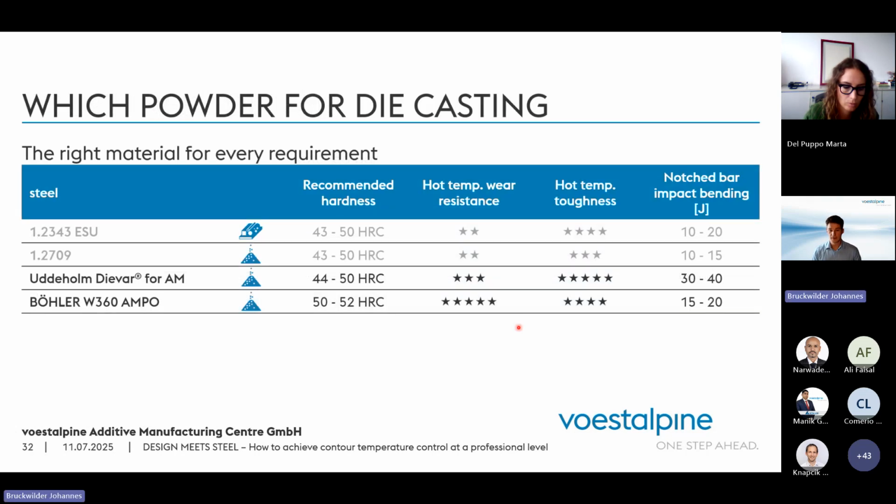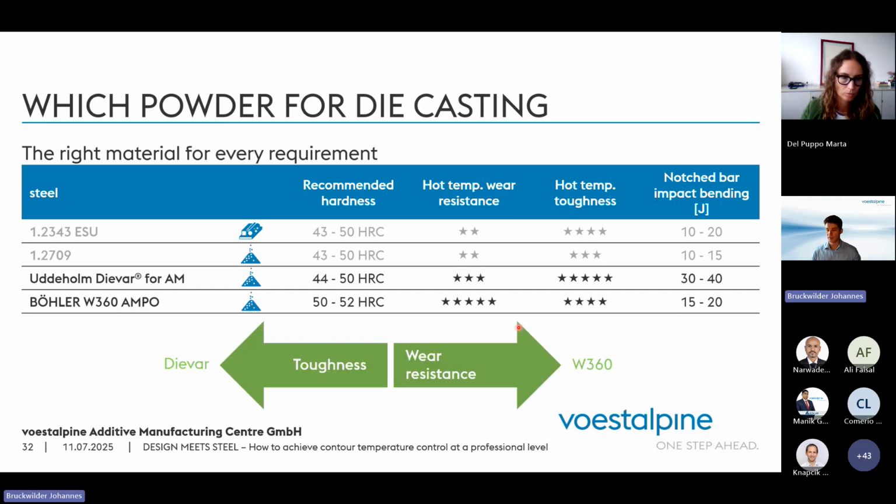So here a slide table about those graphics. To summarize it, if you need toughness, we typically go for a Diver. If you need more wear resistance, then we typically go for W360. But both materials are superior solutions to 1.2709 and also to 1.2343 ESR.